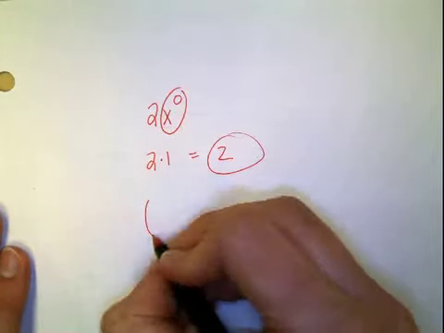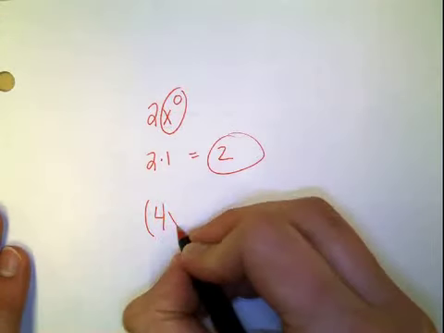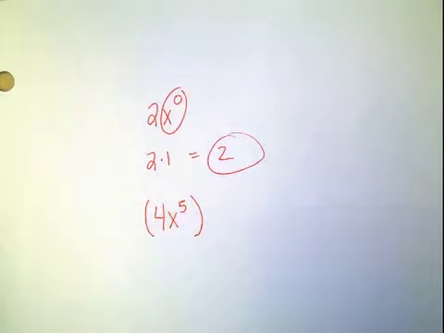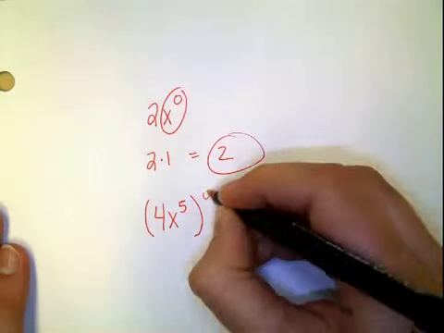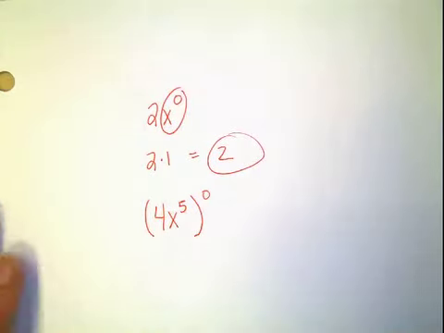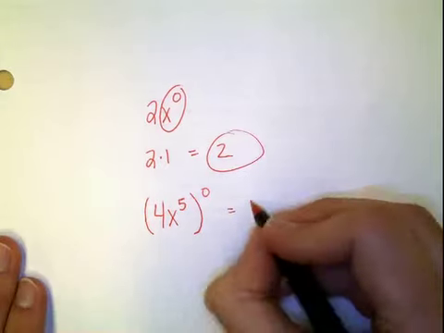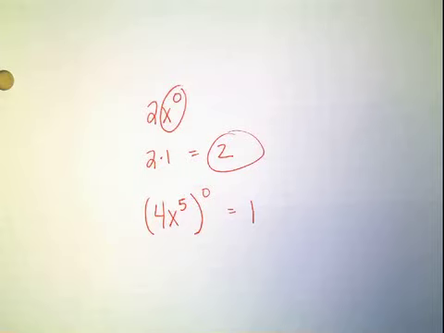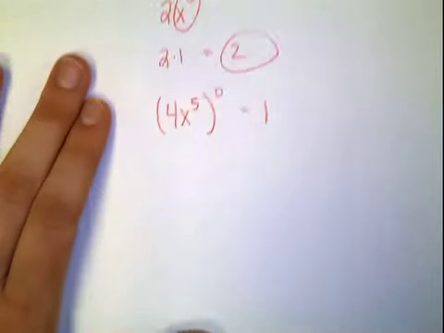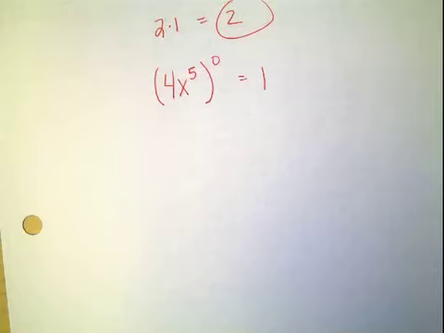If I gave you a big parenthesis and I said I had 4x to the 5th power, and I put a parenthesis around it and then said to the 0 power, that means the entire thing is to the 0 power. So again, it's 1. Anything to the 0 power is 1. I could make it more complicated. Of course, you can always make things more complicated, but you want to just get this basic idea down.